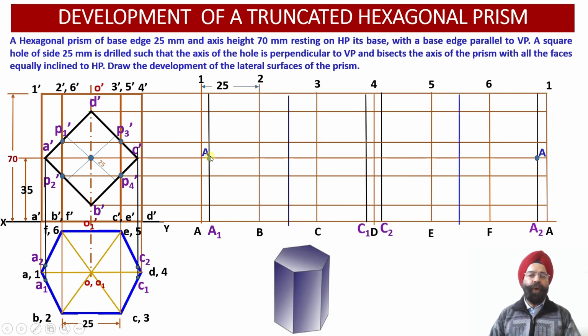Now for the next 2 points of intersection, we have already discussed that points B and D do not happen to lie onto any one of the vertical edges. Since they do not fall onto any particular vertical edge, we have to work out where these 2 points lie in the top view projections over here.